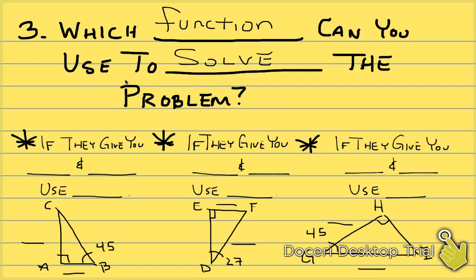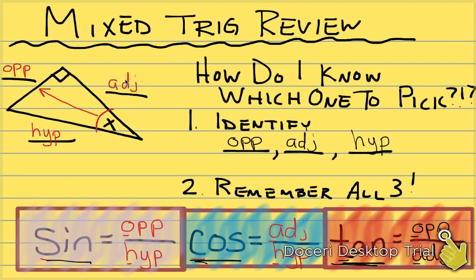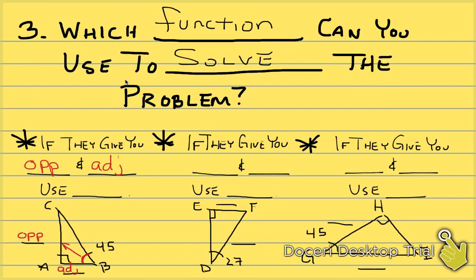In this case, looking at our 45-degree angle, they give us the opposite and the adjacent. The trig function that uses opposite and adjacent is tangent. So if you see opposite and adjacent, you want to use tan.